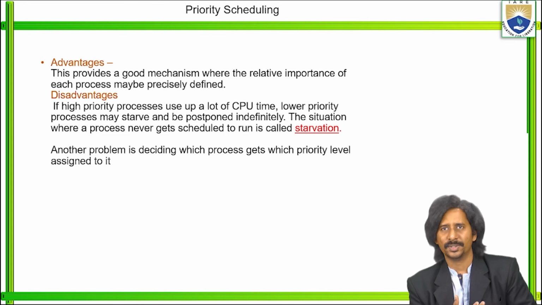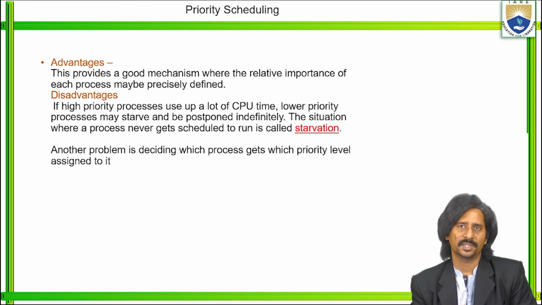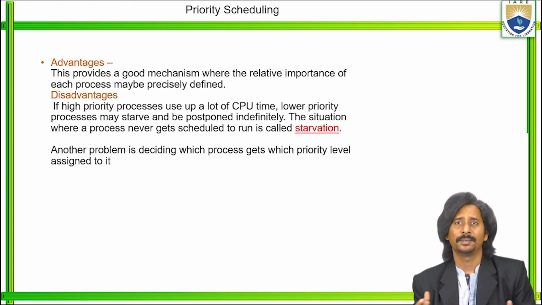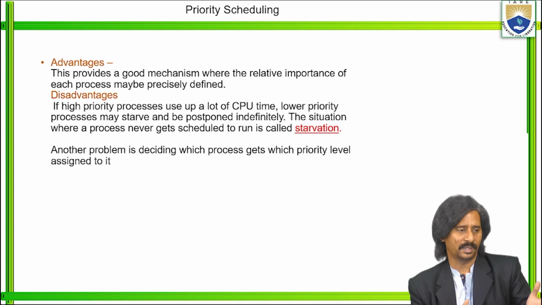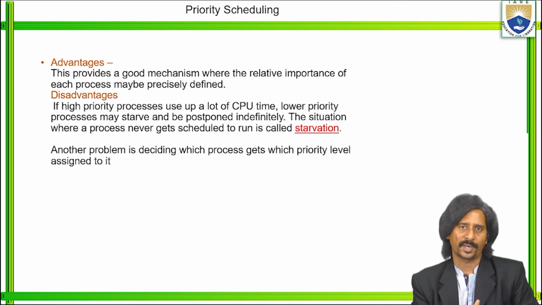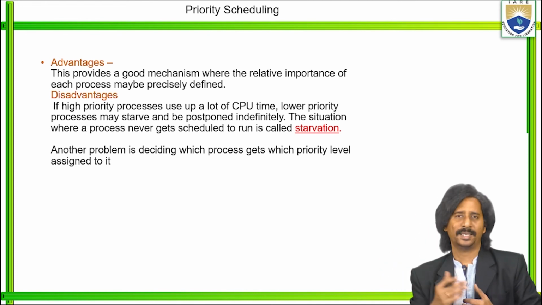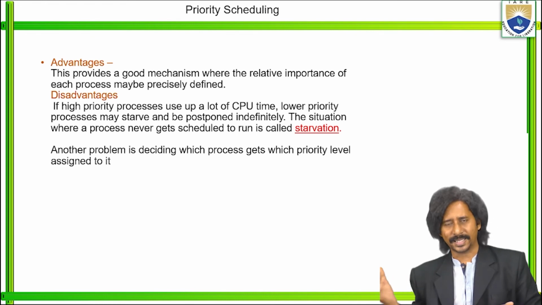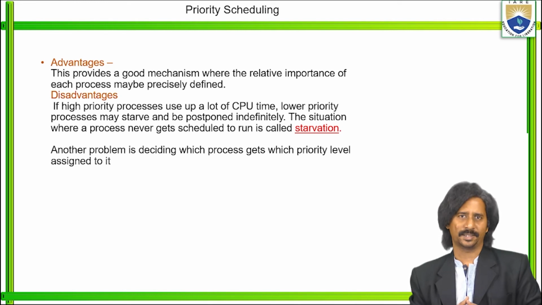If high priority processes use up a lot of CPU time, then automatically the lower priority processes may starve and be postponed indefinitely. Because if the first process, which has the highest priority, has a total execution time of, let us take, 100 milliseconds, then the second process, which has the second priority level, has only 2 milliseconds.